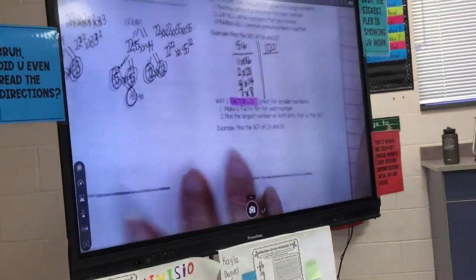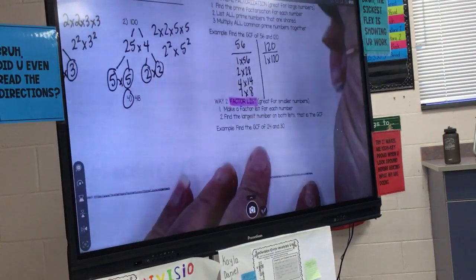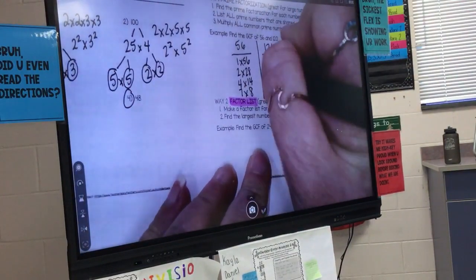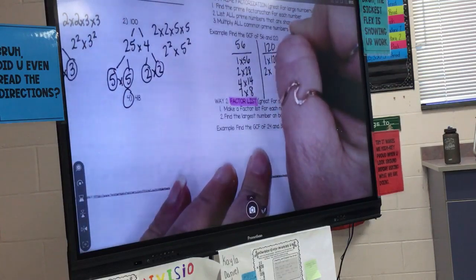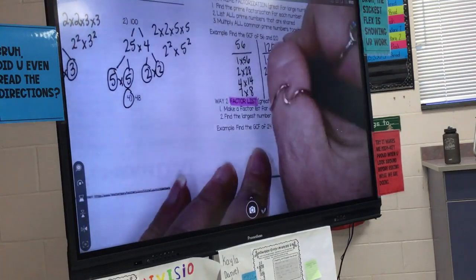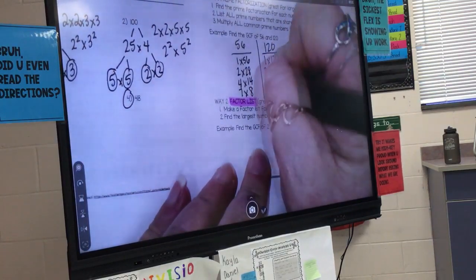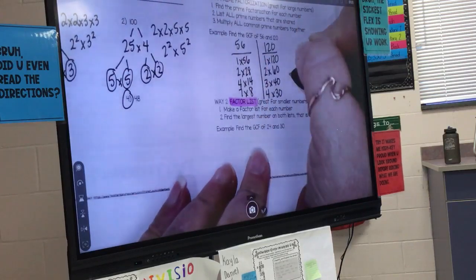All right, 120. Someone raise your hand to give me the factors for 120. All right, Violet. 1 times 120. Keep going. 2 times 60. Okay, 3 times 40. Okay, 4 times 30.